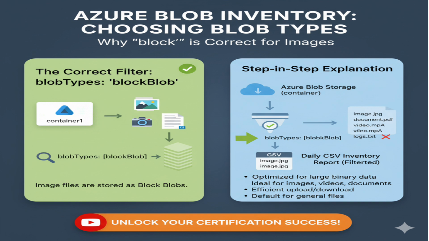Block blobs are the most common blob type and are optimized for uploading and downloading large amounts of data efficiently. They can store up to about 190.7 TiB and are made up of blocks of data that can be managed individually. For image files stored in Container 1, Azure automatically uses block blobs as the storage type since they're perfect for binary data like JPG, PNG, and other image formats.